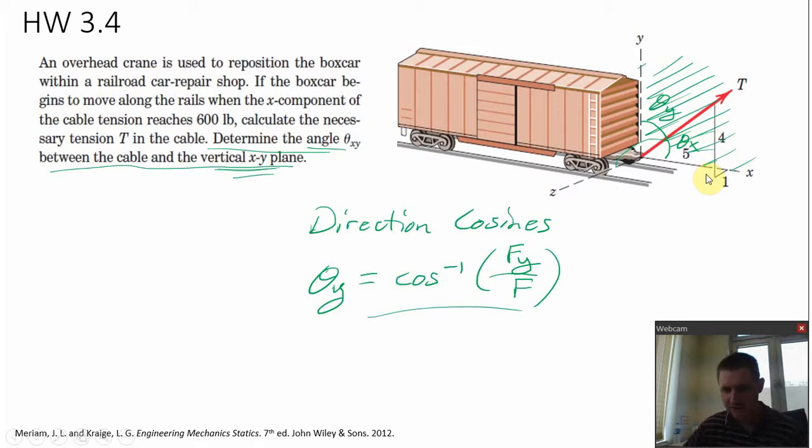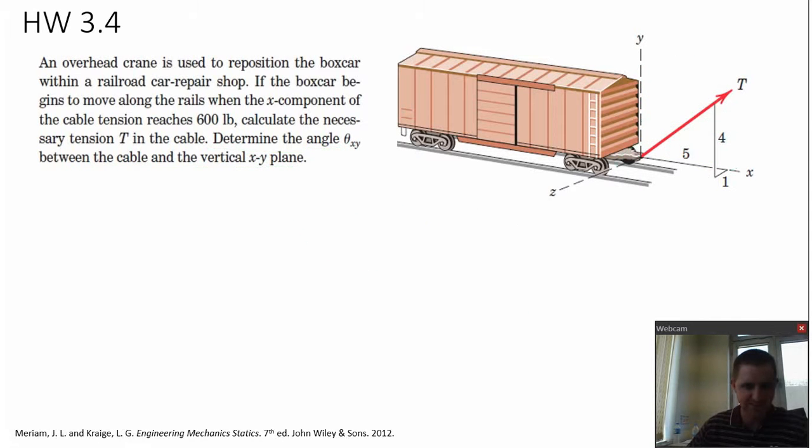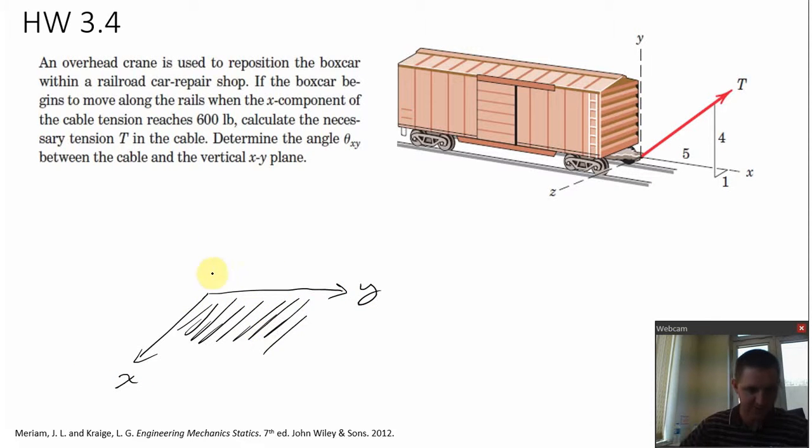Now I'm going to draw this problem in a little different orientation that I think will help you see better what's really going on. I'm going to draw the xy plane down here, so the xy plane is kind of like the ground now. And let's say the z direction is coming up here.